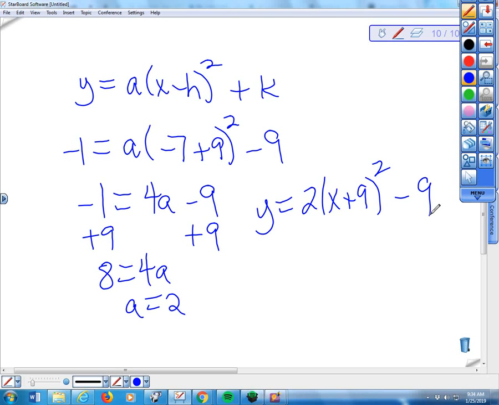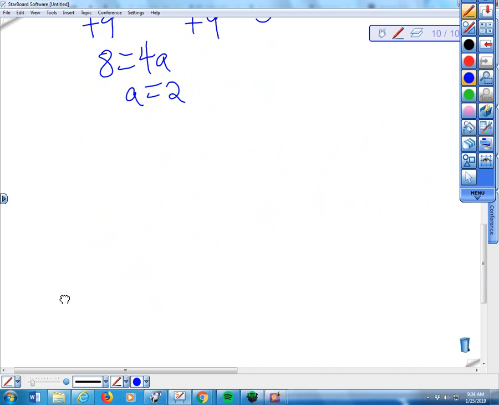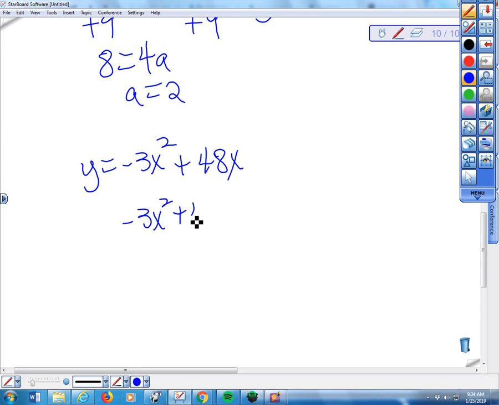And then the last one, write the following quadratic in vertex form. So I set this equal to 0. Divide by negative 3. What I add is half squared, which is 64.